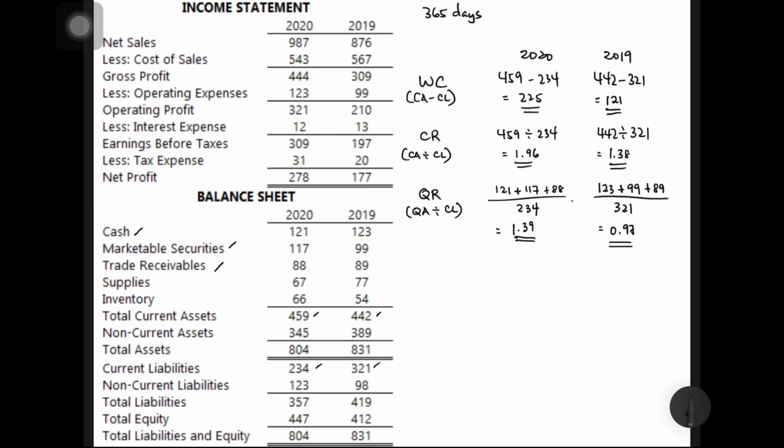Next, what if you are tasked to compute the accounts receivable turnover? AR turnover. The formula for this one is net sales divided by your average accounts receivable. What's your net sales? In 2020, it's 987. So 987 divided by the average of your AR. And since you are in 2020, you have the prior year data.